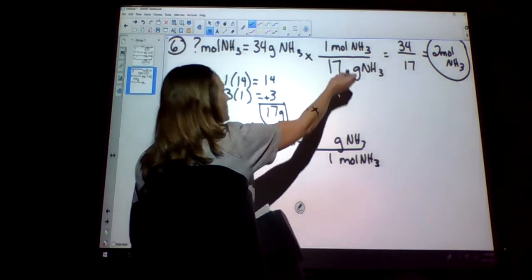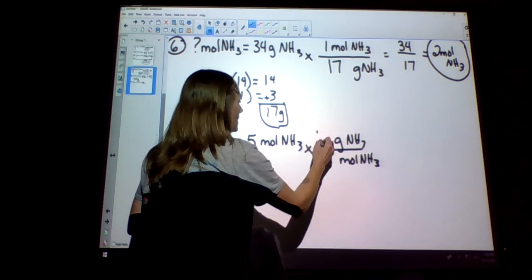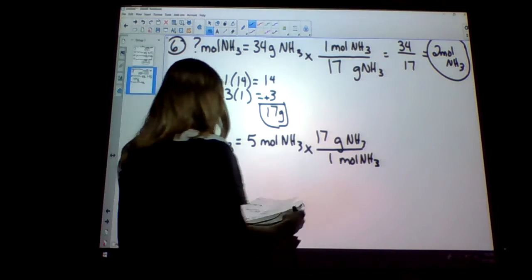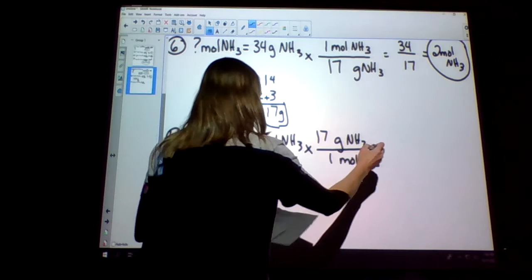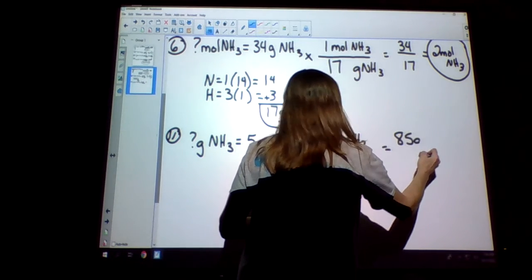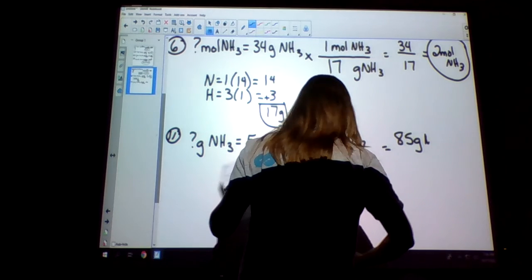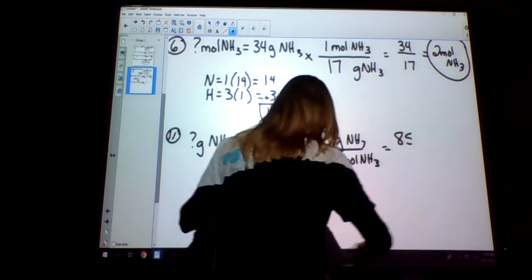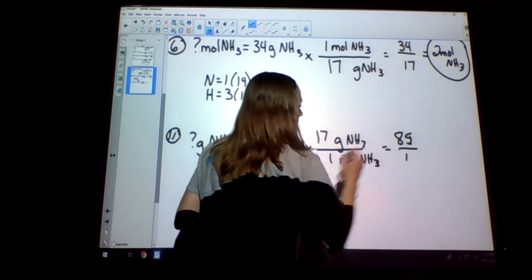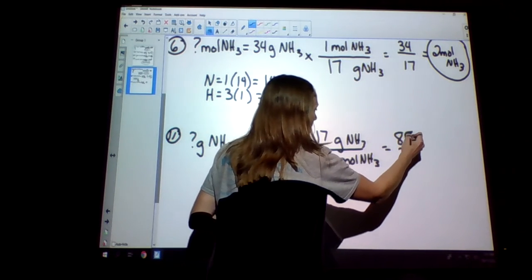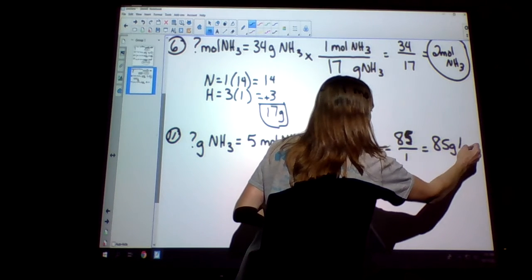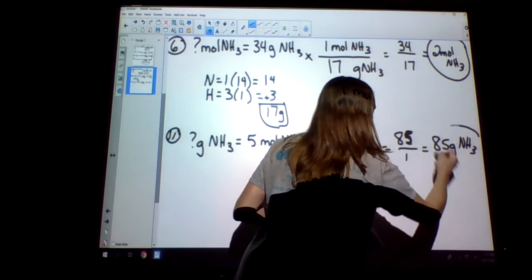And like I said, we calculated our mass of NH3 in our last problem, so we'll go on and put 17 there. So we're going to take 5 times 17, and that will give us 85 grams. We'll take this 1, so 85 divided by 1, and our answer is 85 grams of NH3.